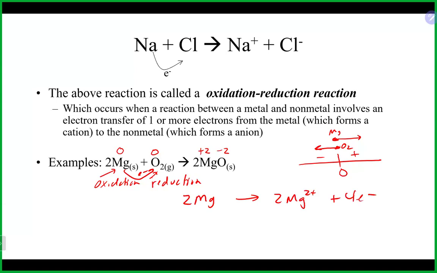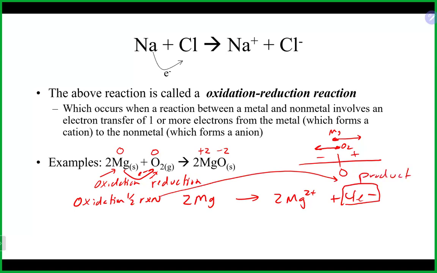This is what is sometimes referred to as an oxidation half reaction. And it is half of what is going on in this case. And in this case, we know it's an oxidation half reaction because the electrons are on the product side. So if you see a reaction written like this with electrons on the product side, that means they're losing them, they're giving them off, and that usually indicates an oxidation half reaction.